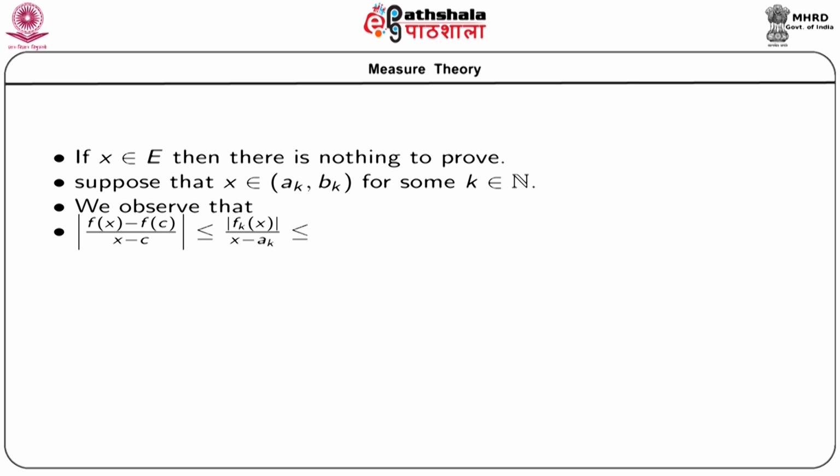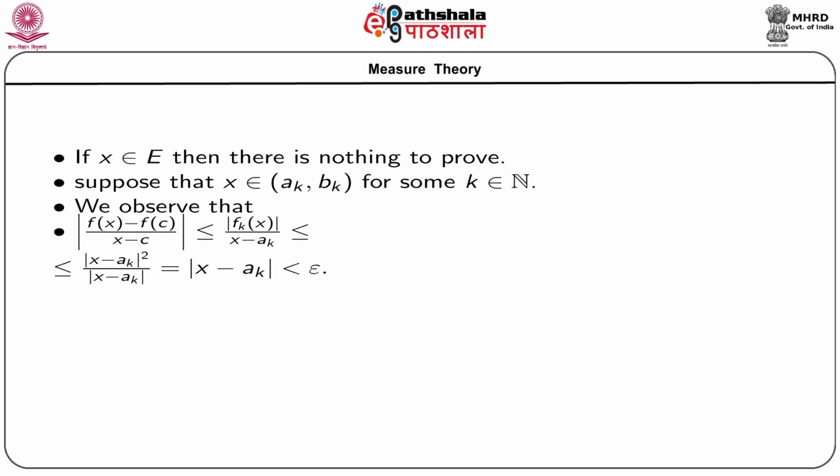Now, we observe that |f(x) - f(c)| / |x - c| is less than or equal to |f_k(x)| / |x - a_k|.